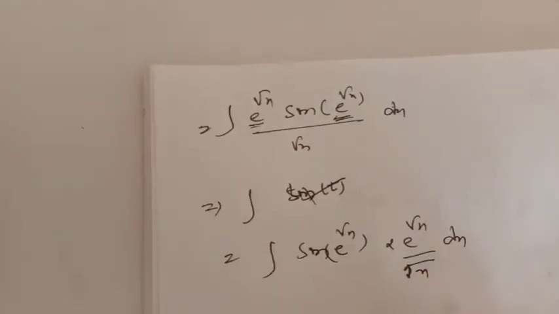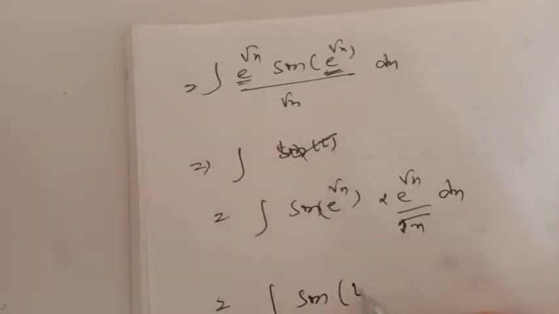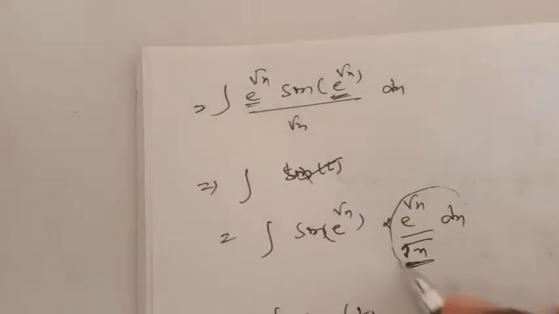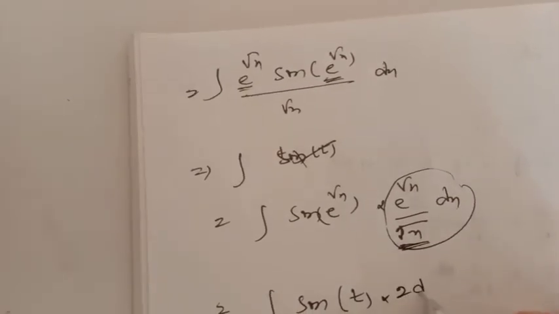Here sin of e power root x equal to t, and e power root x by root x into dx equal to 2 dt.